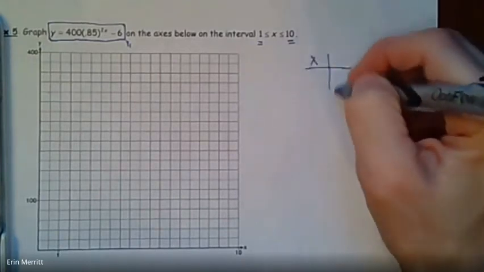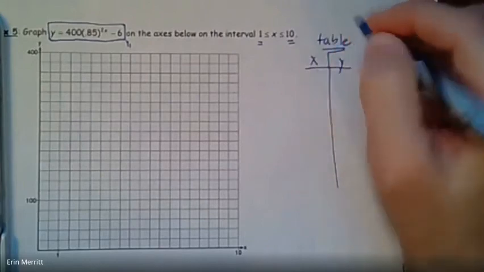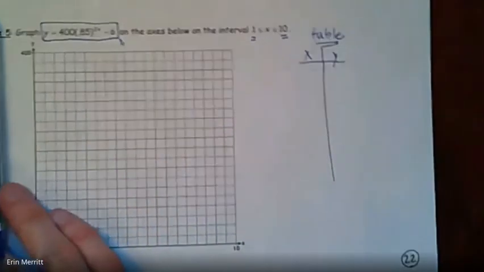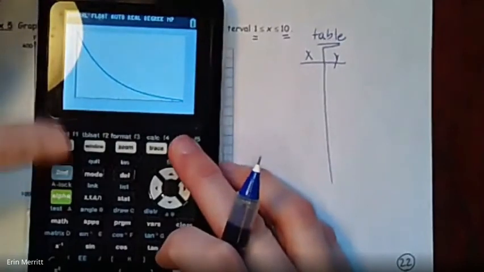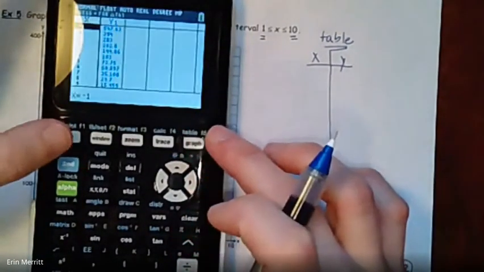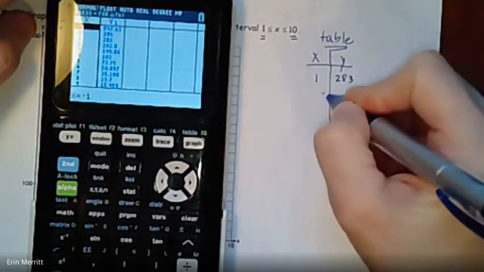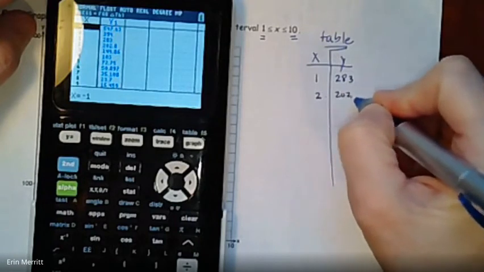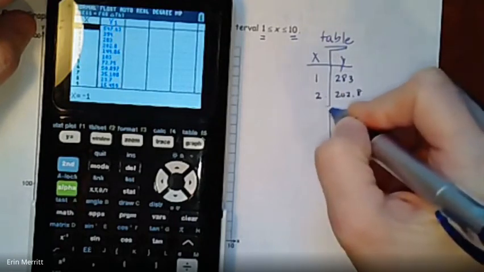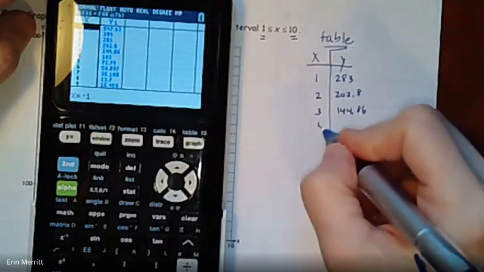So I would go to my calculator and look at the table of values. Starting at 1, it's at 283. 2 is 202.8. 3, we've got 144.86, and so on.